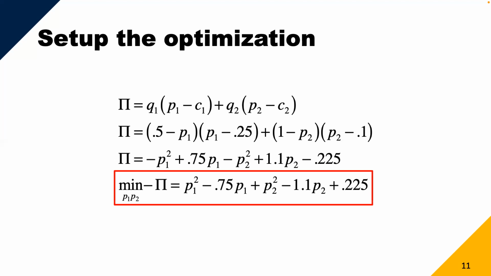I'm going to minimize the negative profit. So this whole equation gets multiplied by -1, and then I minimize this, and the way that you write it is with respect to your decision variables P1 and P2. Now I have this objective function here, which I'm minimizing.